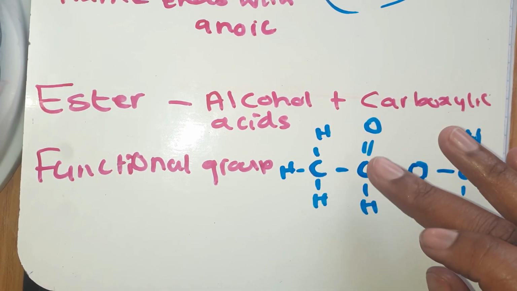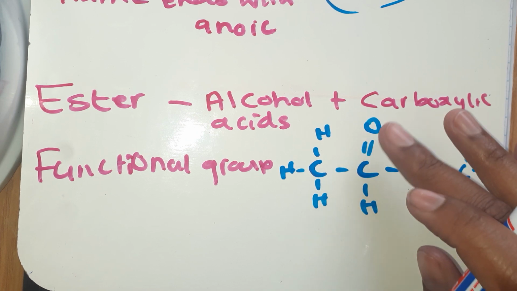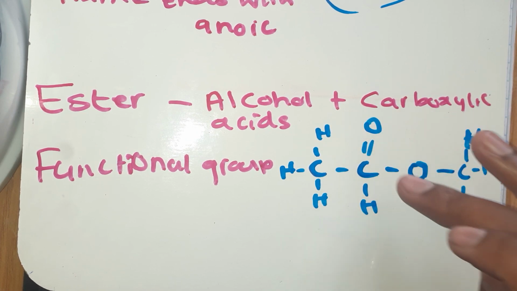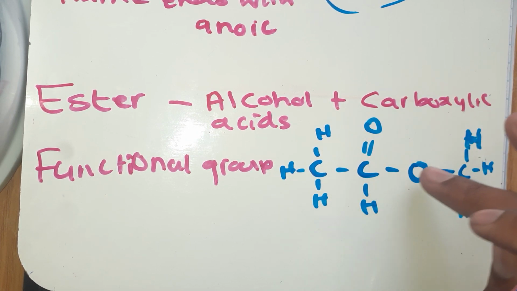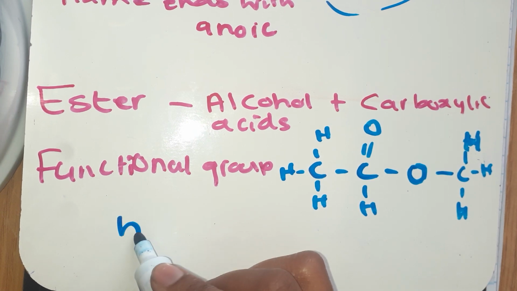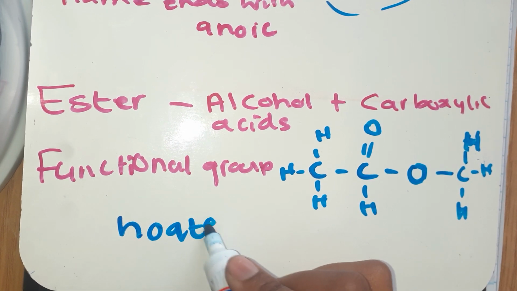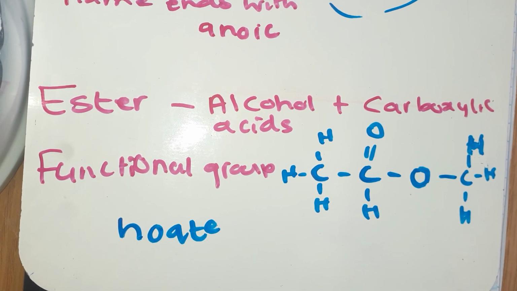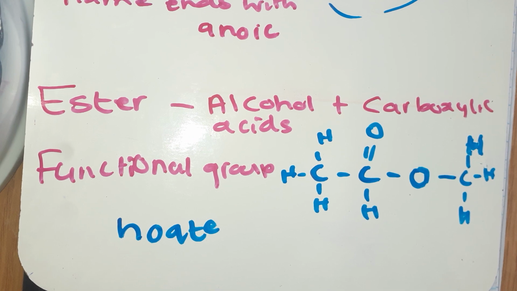You need to have this functional group, double bond O and single bond O on this side. Then you know that is an ester, and the name ends with this.